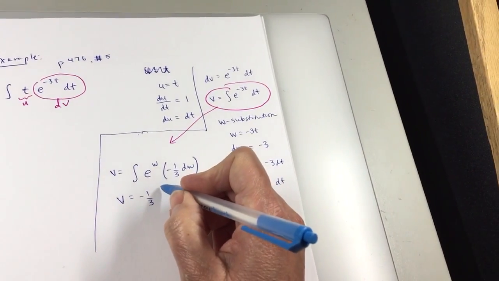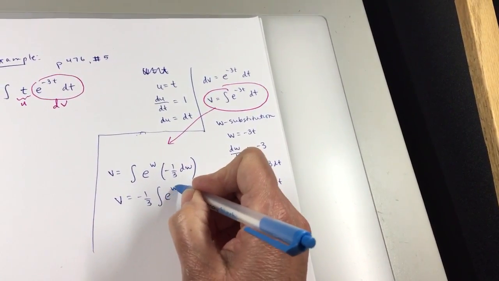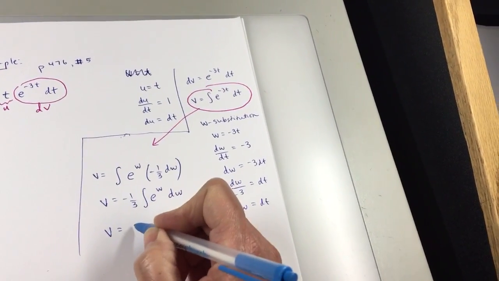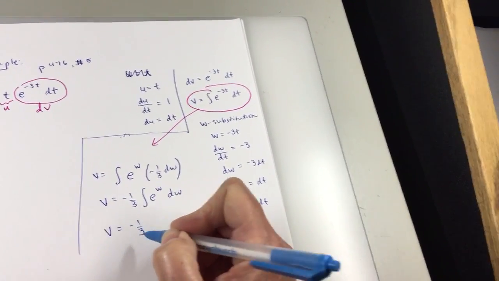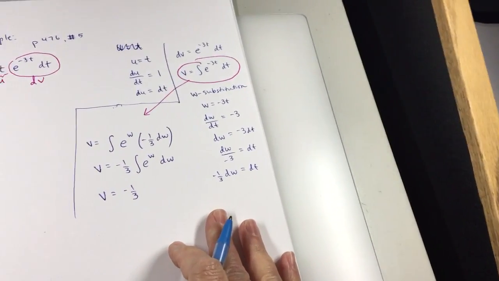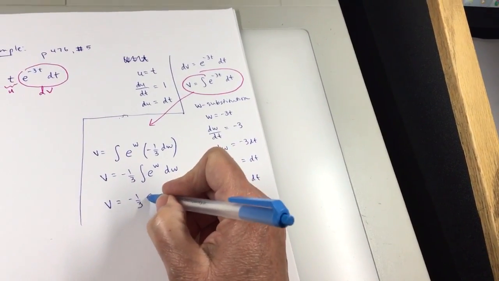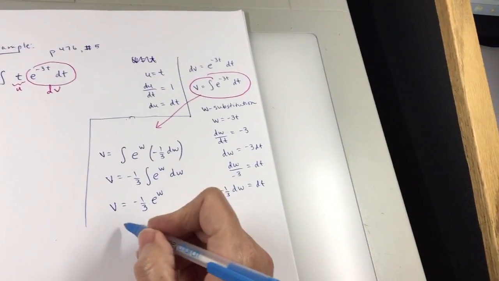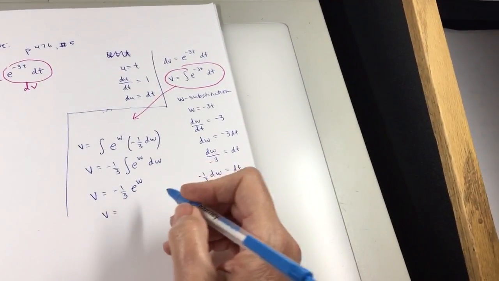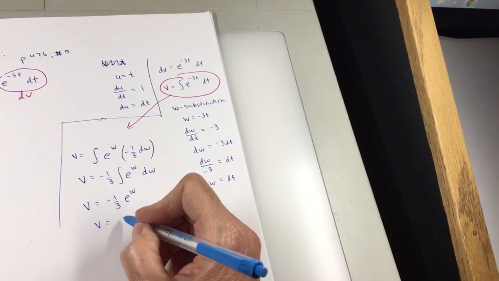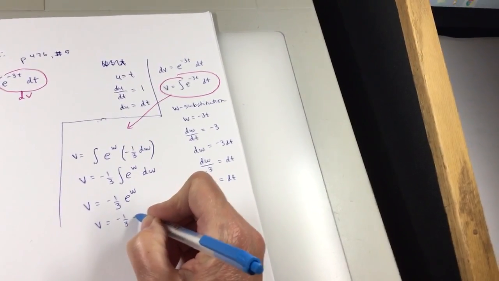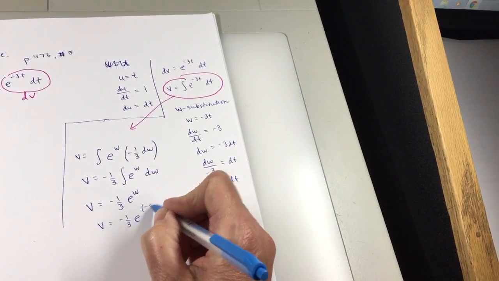Negative 1/3 times the integral of e to the w dw. And the antiderivative of e to the w dw is e to the w. And I'll not worry about the plus c until the end of the problem. So let me put negative 3t back in. Negative 1/3 e to the negative 3t.